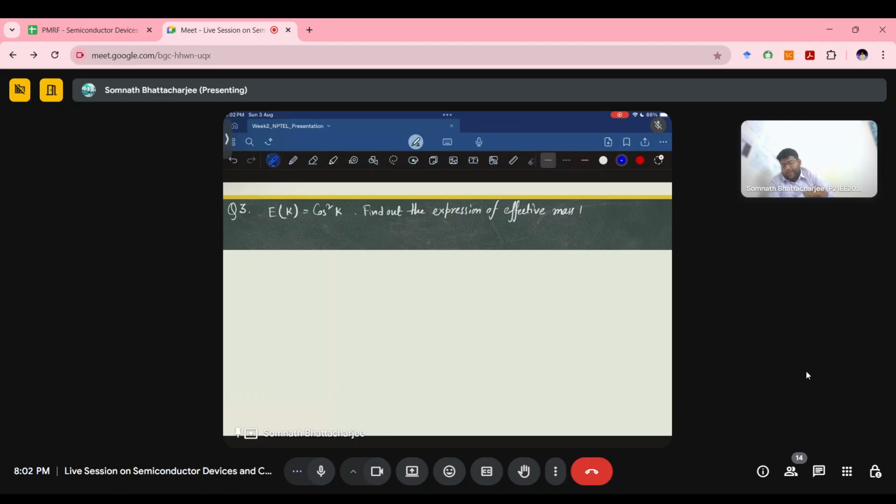Maybe I'll give a hint. So the value of effective mass, that is m star, is h cut square by d2E by dk square. From this, try to solve this.